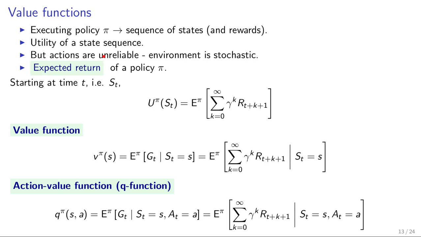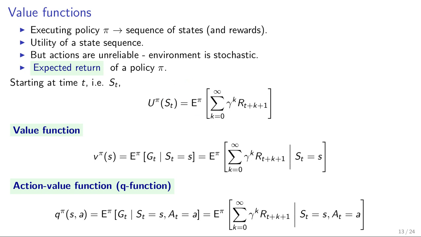But something more general and more useful is an expected return of a policy. Expected means that we take probabilities into account. It's like expected value in probability. It's basically a weighted average, taking into account the probabilities of events or variables. So this is the notation, the utility given a policy. That means something that tells you in every state what to do.